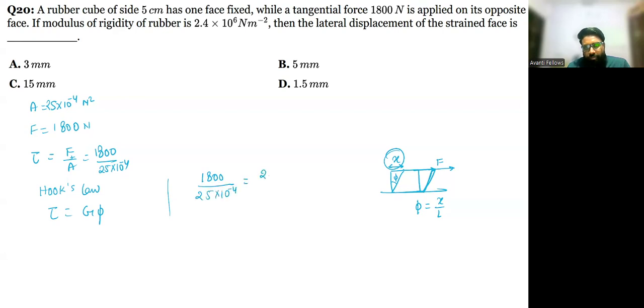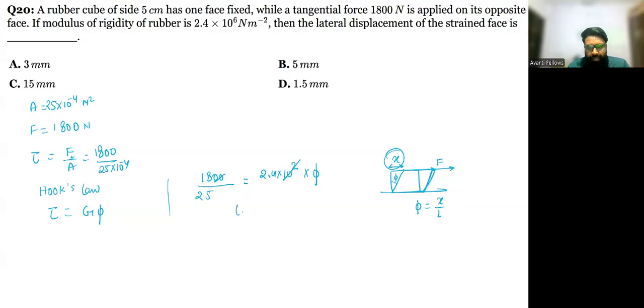G is given as 2.4 into 10 raised to the power 6, into 5. Now do some cancellation. This minus 4 will go here, so it reduces the power to only 2. This will vanish out from here, and the power will be only 2. This 2 power will cancel out the power here.